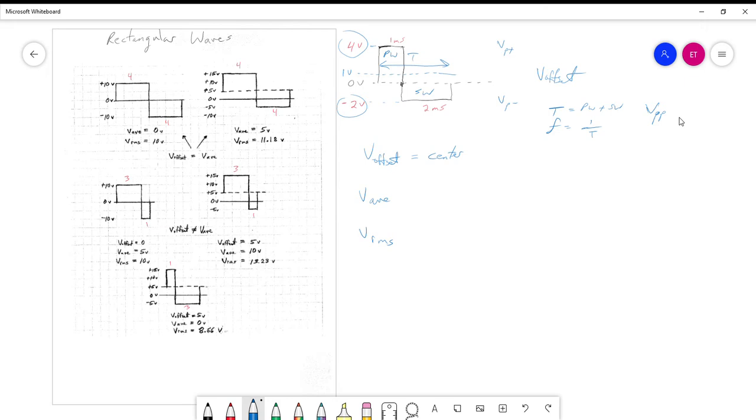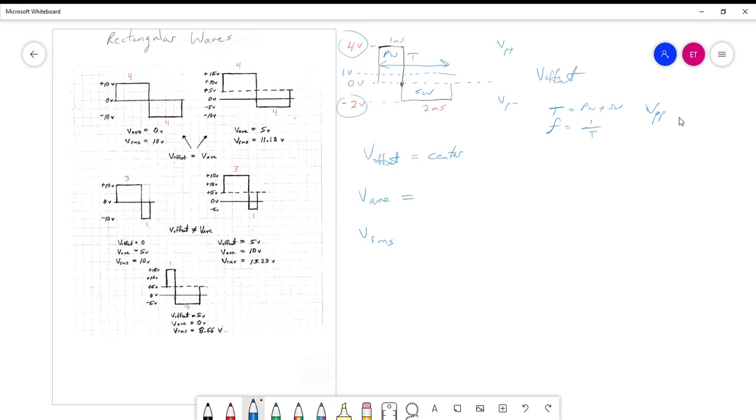So let's tackle average. There's a universal formula for rectangular waves that's important to know. It's a way to calculate what the average voltage is over the entire waveform. These are periodic waveforms, so it would be the full cycle average. The average, like we said, is if you take all the voltages over time and then see on average what the voltage is.